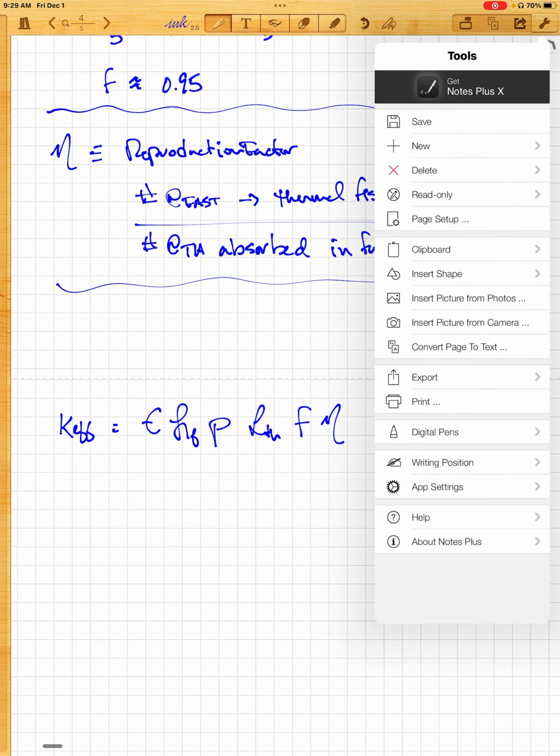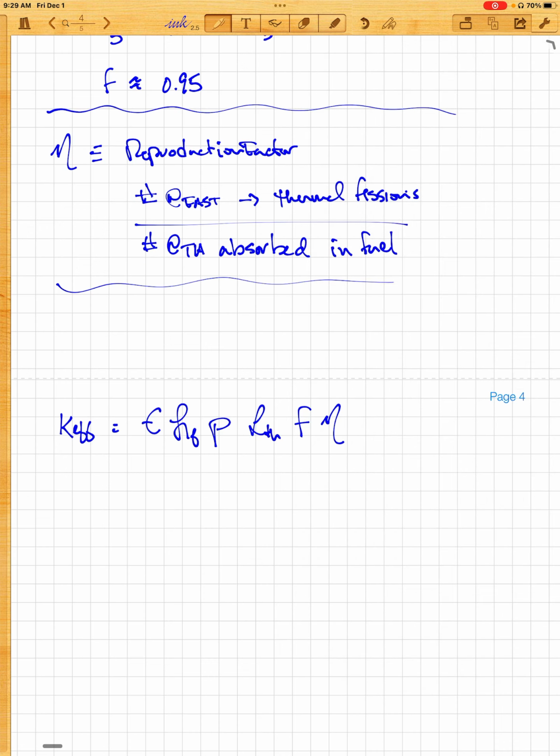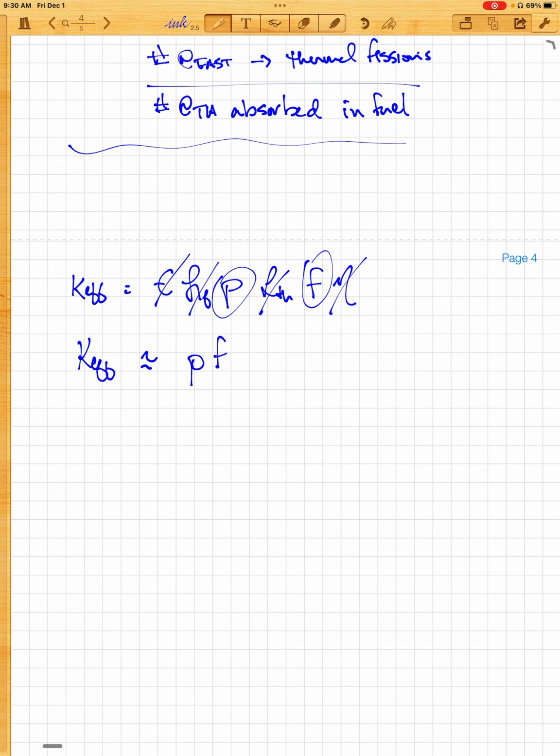Now I think we've already talked about how we can't do anything about this guy, this guy, or this guy, but the P and the F, so K effective is going to be approximately equal to people Frenching, or French people, however you want to talk about it. That's what we control: the resonance escape probability and the thermal utilization factor.